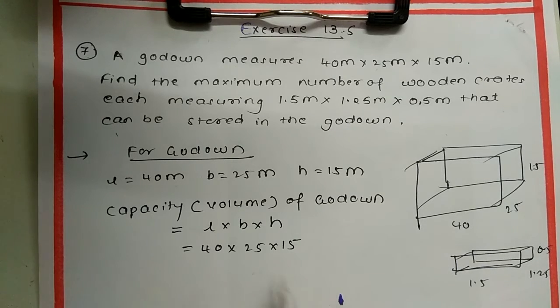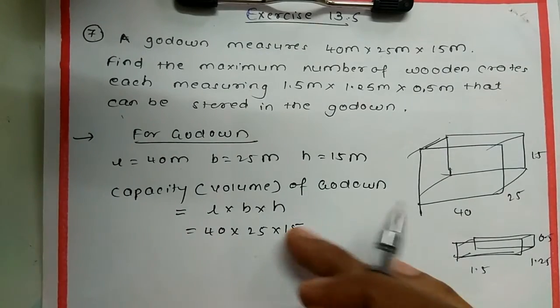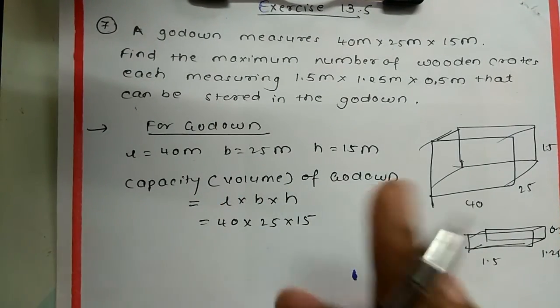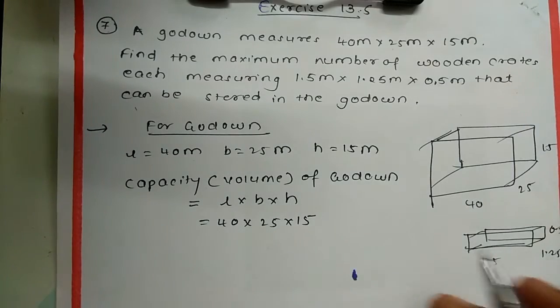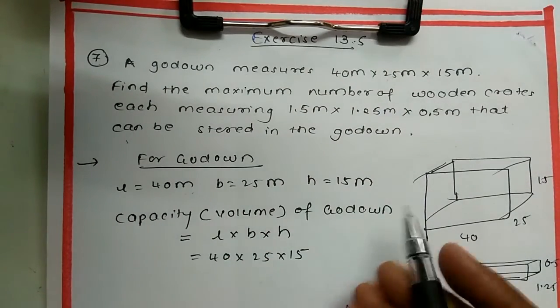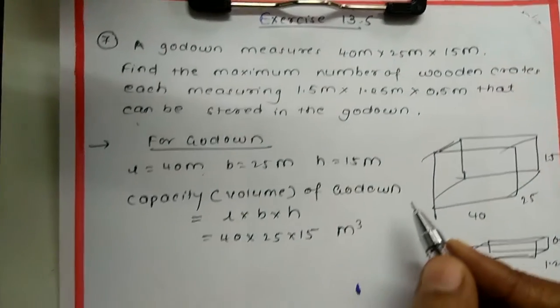But I'll keep this answer as it is, because later on I'm going to use this form of answer, that is the volume of the godown. Same form I'll keep so later I can use. Your unit is meter, meter, meter, so meter cube or cubic meter is the unit.